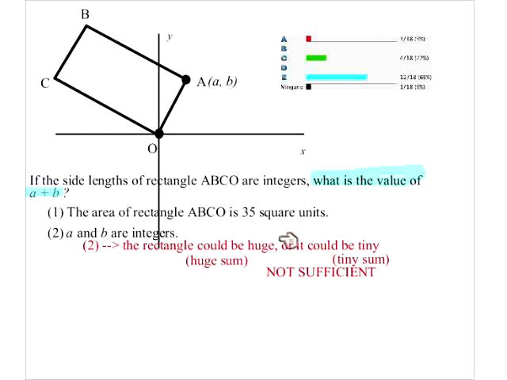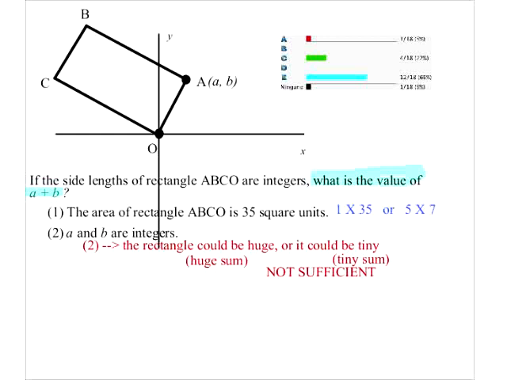What do you get out of that? If the area of rectangle ABCO is 35, then we know that it's either 1 by 35, or 5 by 7.